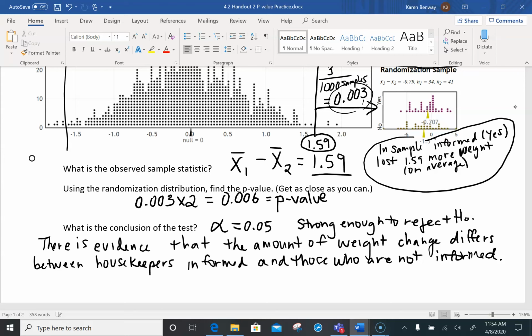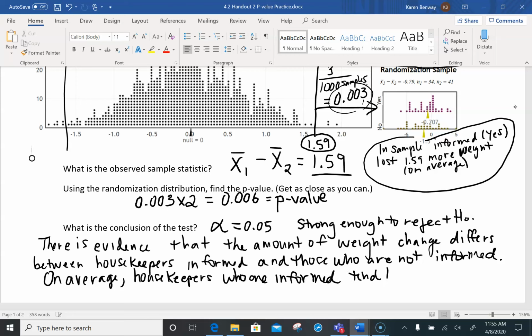So I can say not only are they different, but that on average, housekeepers who are informed tend to lose more weight.